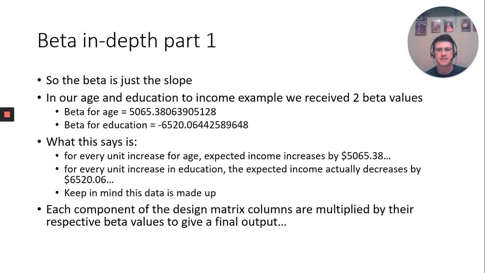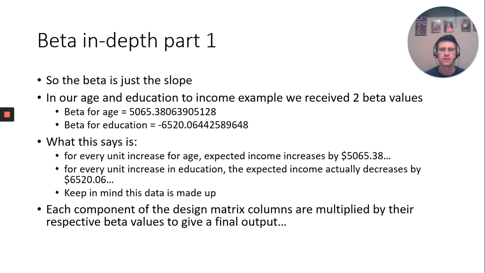So what this says is that for every unit increase in age, you can expect to make $5,065.38 more per year. For every unit increase in education, the expected income actually decreases by $6,520.06. I would be disappointed if that were the case, but keep in mind it's totally made up data, so don't hang too heavily on that.